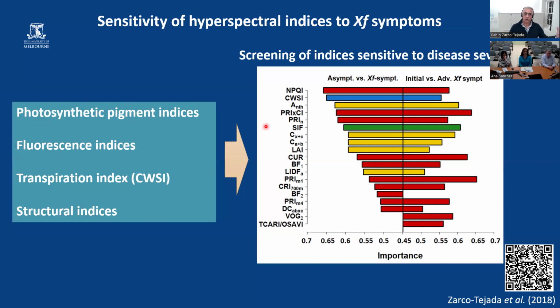And those are photosynthetic pigments, also indices calculated to track chlorophyll fluorescence, crop water stress index calculated from thermal, that's not from hyperspectral data, or other structural indicators or indices. And they would be sensitive more or less depending on the severity levels.